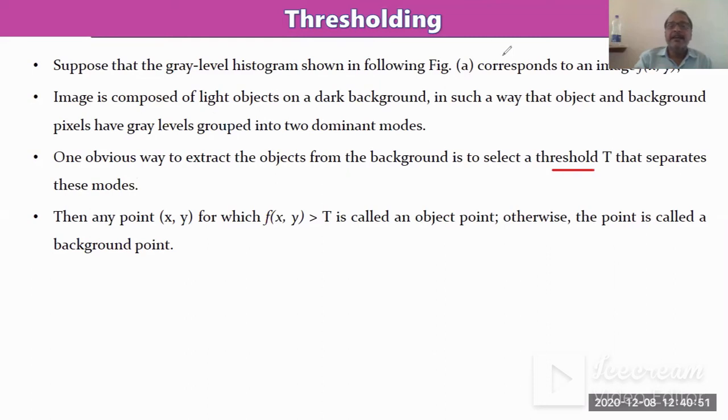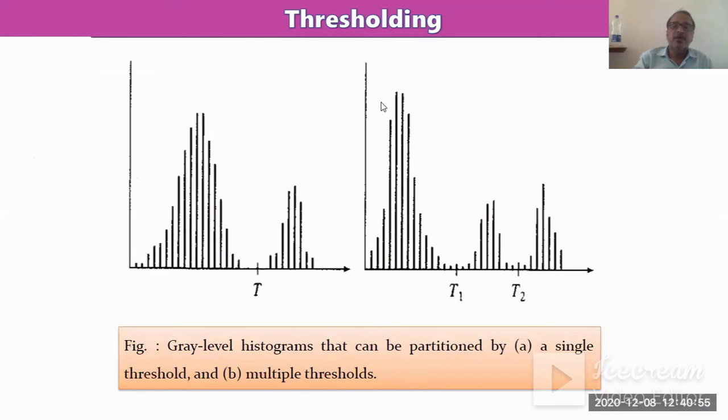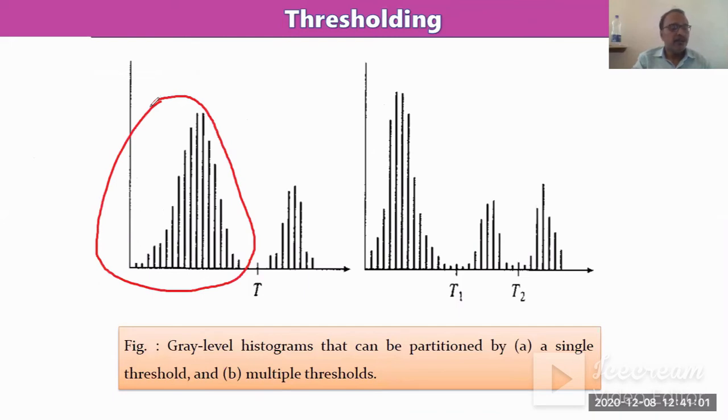From this diagram, this is our background and this is our object. Now we can consider this point. Below this point we can separate this, and above this point we can separate this intensity level.